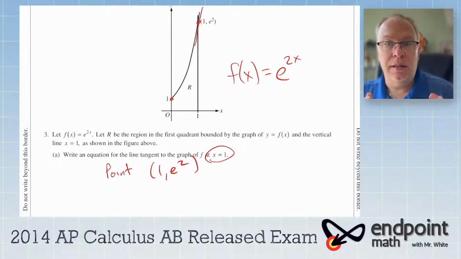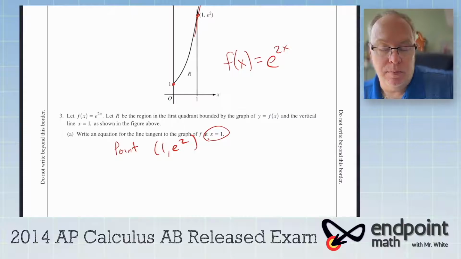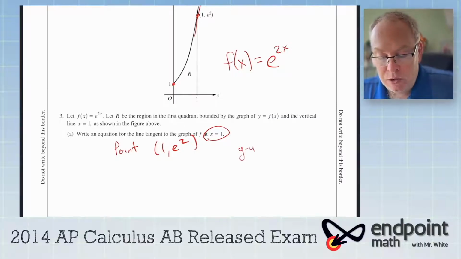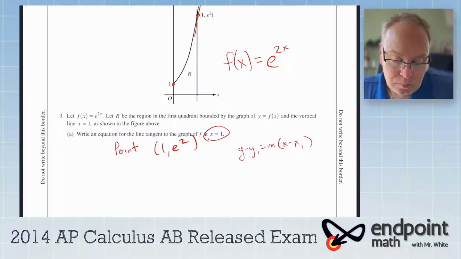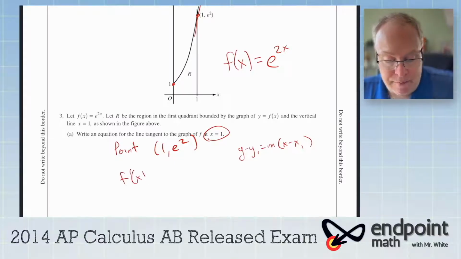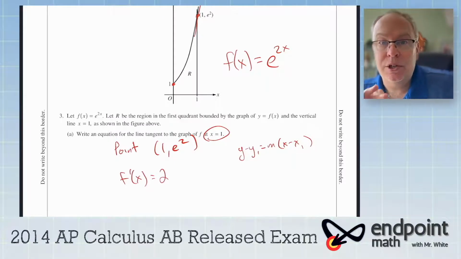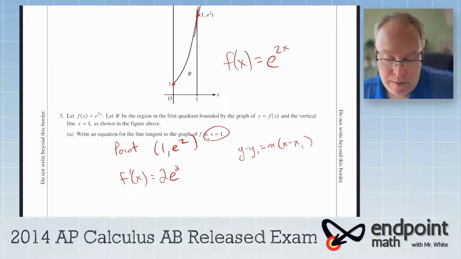So what else do we need? We need the slope. Remember that equation, y minus y1 equals m times the quantity x minus x1? All we need is the slope, and we'll be in good shape. So where does the slope come from? The derivative. The derivative of f of x would be 2e to the 2x because of the chain rule, you know that, right?